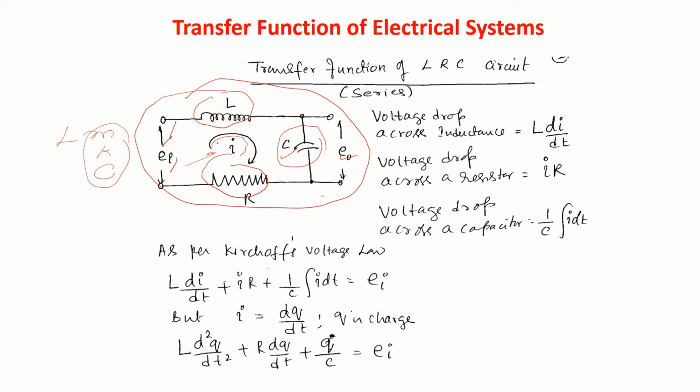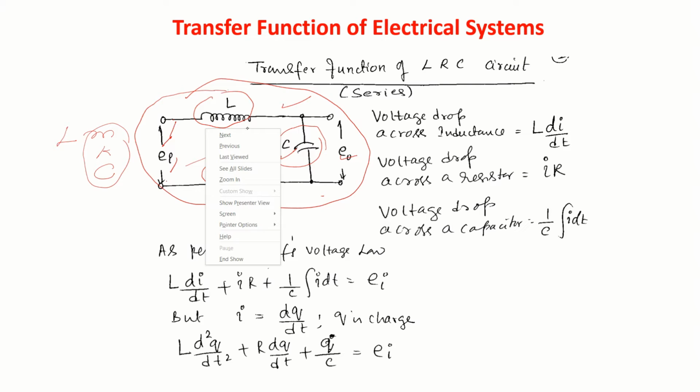So you can represent the electrical dynamic systems using these components L, R, and C. So here we'll use Kirchhoff's voltage law. You know that input voltage EI must be equal to the sum of the voltage drops across inductance, capacitance, and resistance. So what is the voltage drop across an inductance?